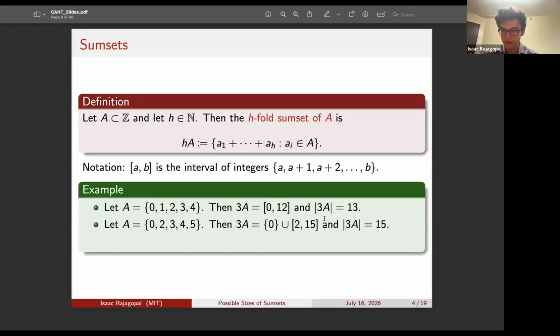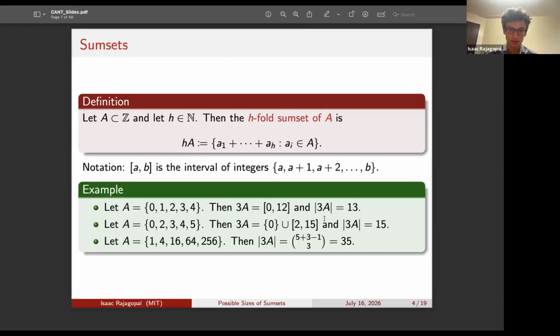So these are examples of sets with small sumsets. And if we look at a set with a bigger sumset, for example, powers of 4, then 3A is going to be much larger. The reason is that we have fewer overlaps. For example, in the second example, 4 plus 4 is equal to 5 plus 3, but we don't have things like that occurring with powers of 4.